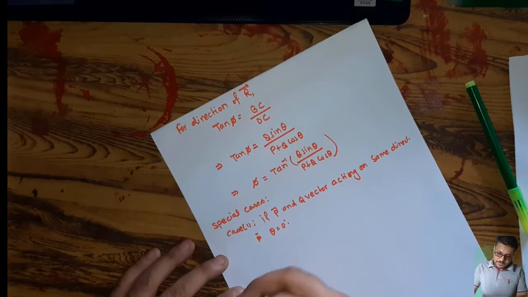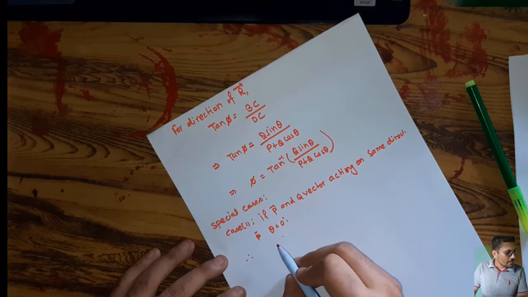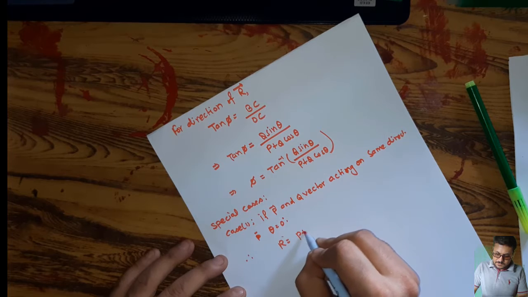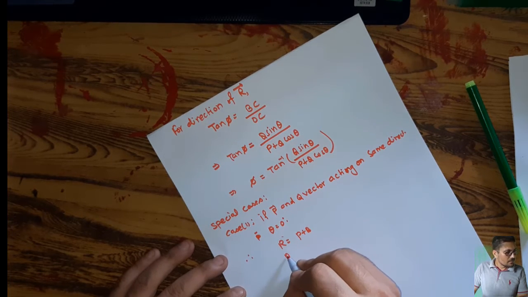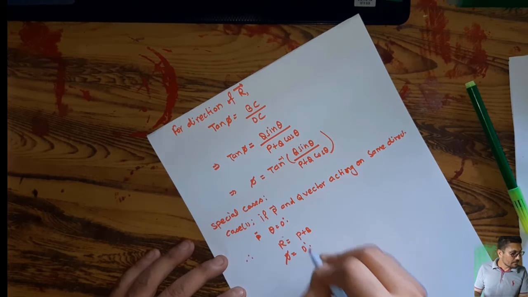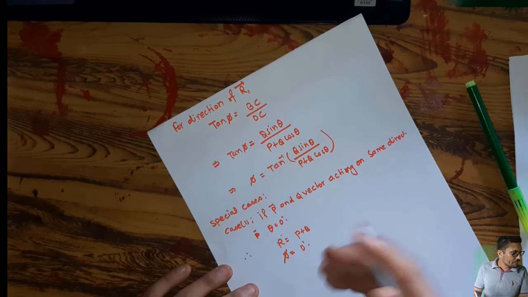Therefore, putting this value in the above equation, R equal to P plus Q, we get P plus Q, and this phi is equal to 0 degree.